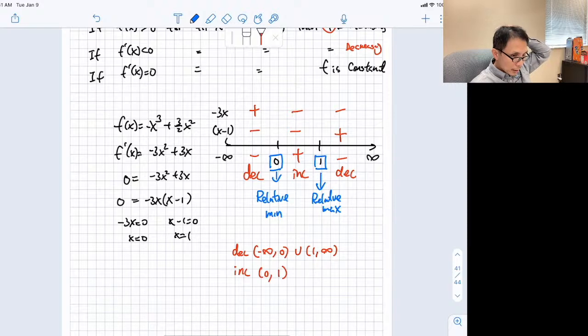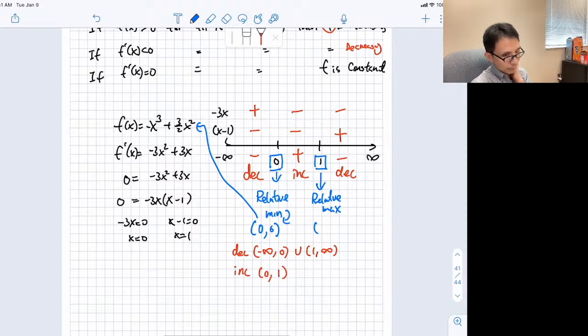Now, can you find the coordinate? Of course you can, because you've got x equal to 0, and then you plug into the original function, not the derivative. You're going to get 0, 0 in this case. So this is actually a relative min. And what's the relative max?